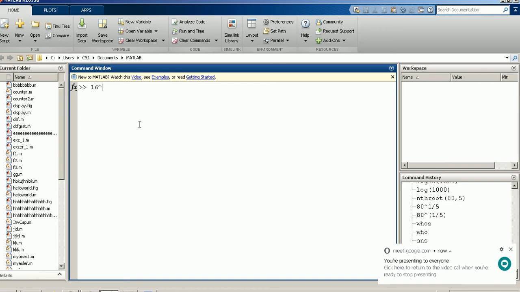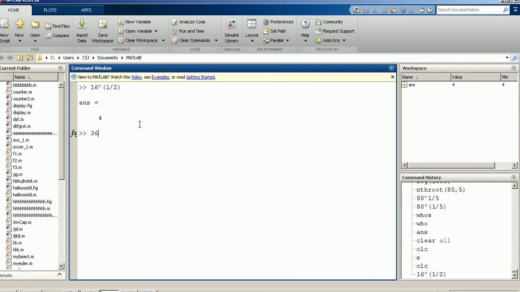to the power of 1 over 2, the result is going to be 4, right? If the result is 4, suppose that I want to find the root mean square of 36 to the power of 1 over 2. The result is 6.